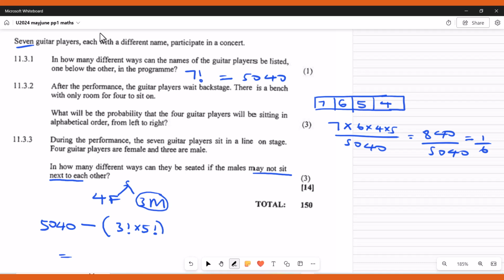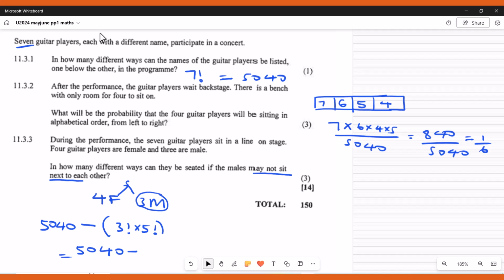So we're going to have the total, which was 5040, minus the males sitting next to each other. So it's going to be 5040 minus this answer here. What do we get here? Calculators. What is 3 factorial multiplied by 5 factorial?